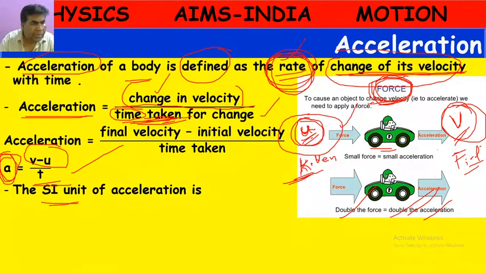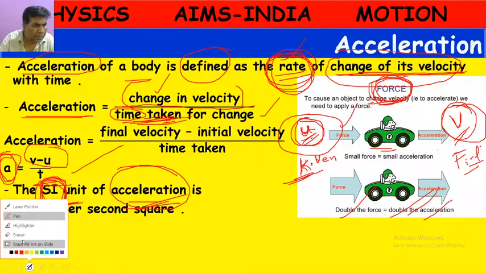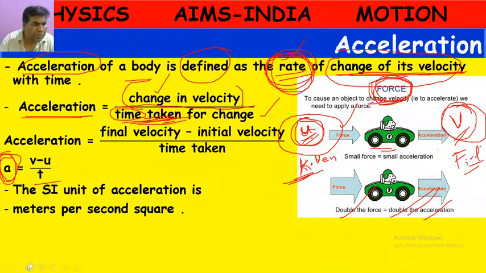So here the SI unit of acceleration, already yesterday I have told what is SI unit? International System of Units, followed by all over the countries. So according to that system, the unit of acceleration is meters per second square. Because the unit of velocity is meter per second, and the unit of time is again second.